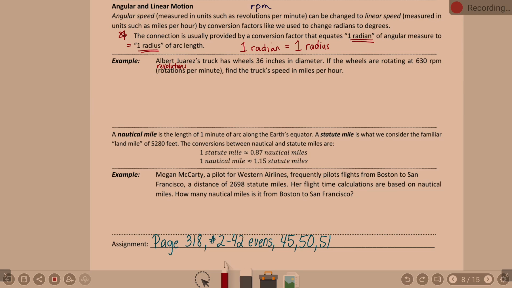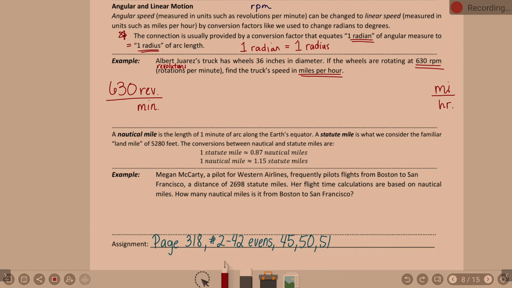So what do we know? We are starting with the information that his wheels are rotating at 630 RPM, which is rotations or revolutions per how often? Minute. What are we supposed to get to? My goal is to get to miles per hour. That's my end goal.